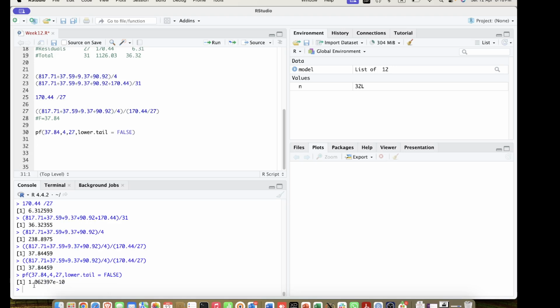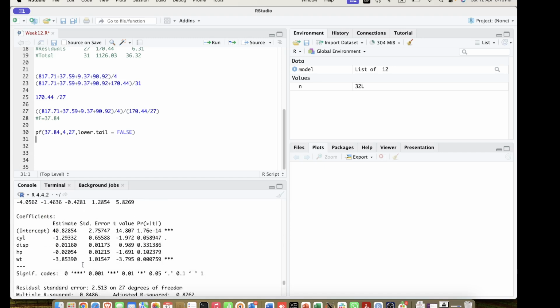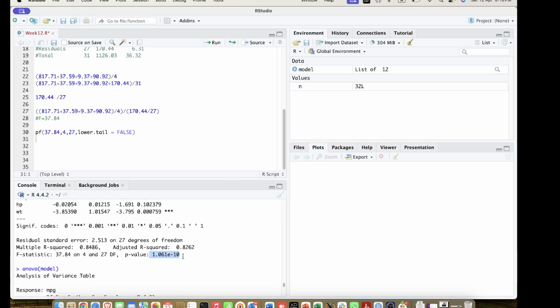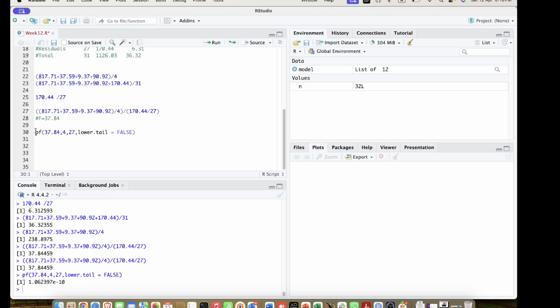So this is 1 into 10 to the power minus 10, and that is the p-value.